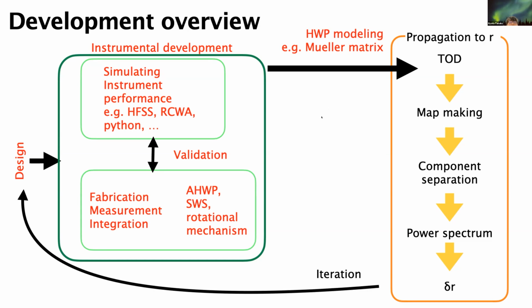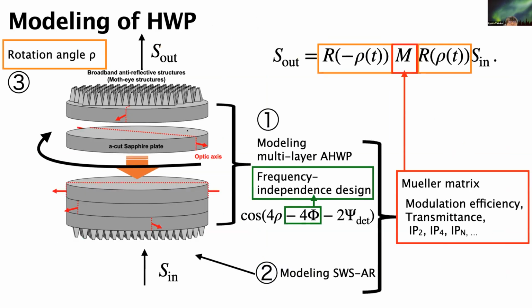In particular, the modeling of the half-wave plate consists of the multilayer half-wave plate and the reflection coating for broadband modulation. For the multilayer half-wave plate, we also propose a design with a frequency-independent interface, which can delete the extra term of the modulated signal so that it can reduce the systematic effects.